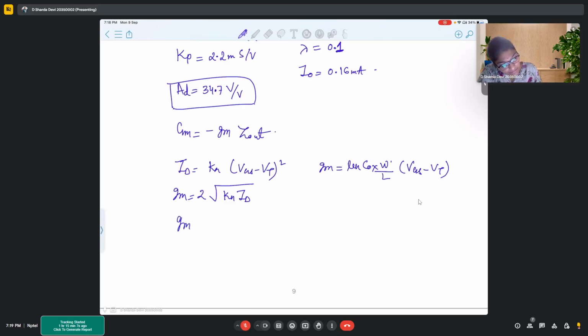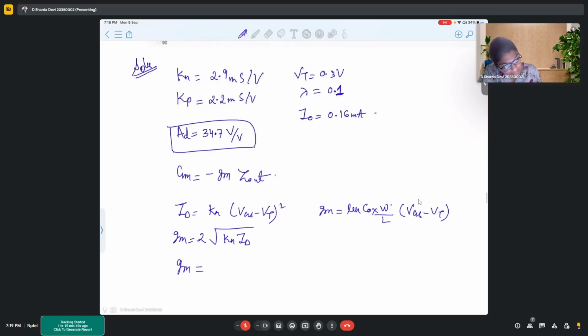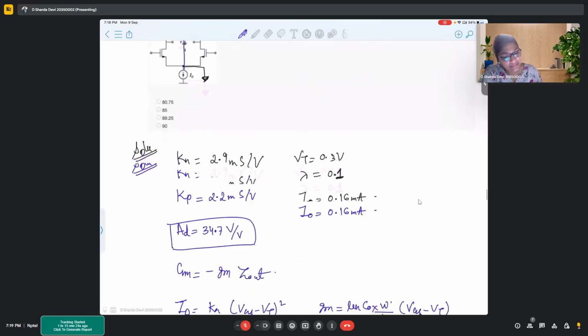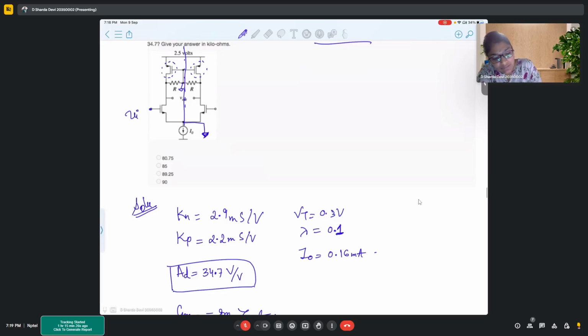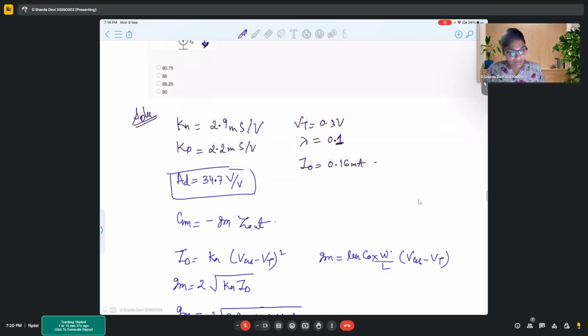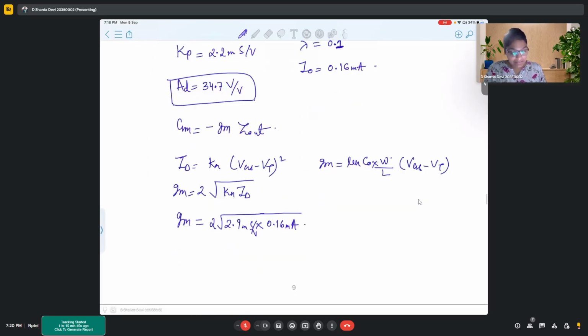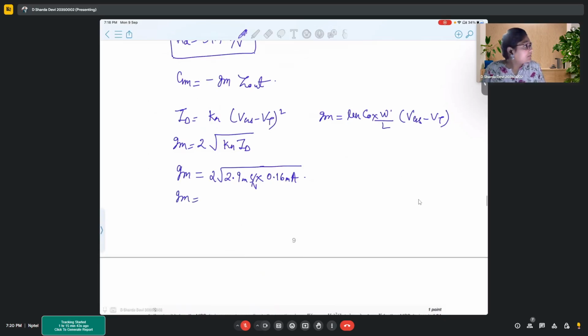From here we know that Kn is given, 2.9 millisiemens. The ID is 0.16 milliamperes. So as I have mentioned earlier also, whichever transistor you are giving input to, the Gm is calculated with respect to your input transistor. So the transistor from where you give the input, your Gm comes from there. So that's why we are using Kn. Is this clear? So Gm will be 0.96 millisiemens.